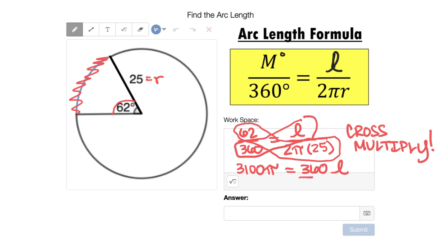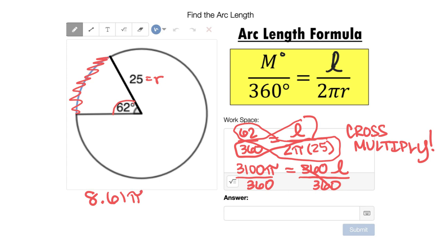Okay. If I want L by itself, I just need to divide by 360. Notice I'm still just keeping pi off to the side. So I divide by 360 and I get like 8.611111. So I'll stop it there.